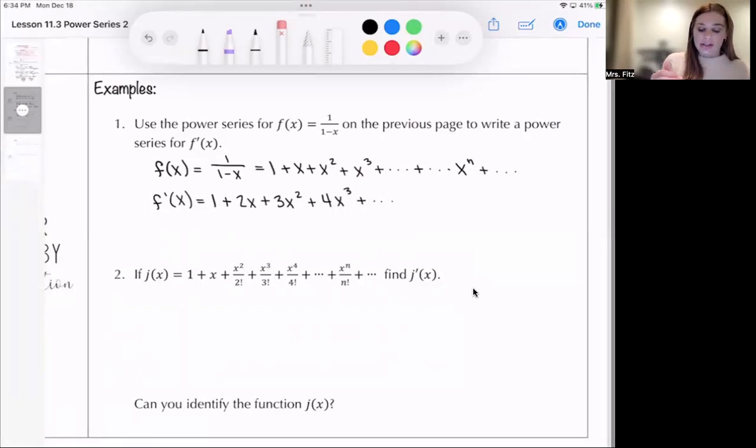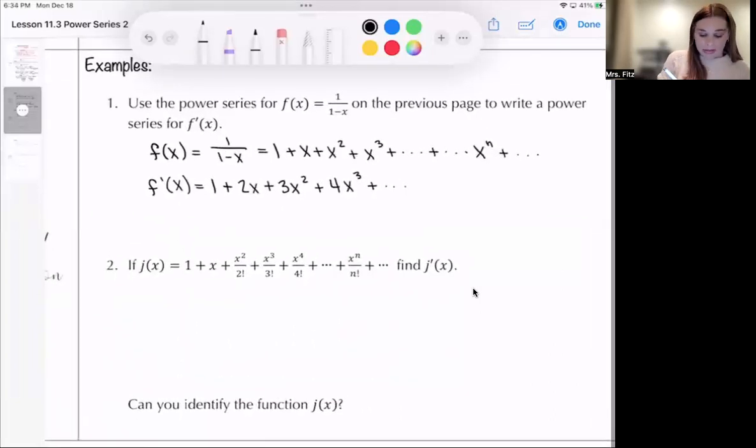Okay, so hopefully you had a chance to do that. Let's take a look at j prime of x. Okay, well, the derivative of 1 is 0.